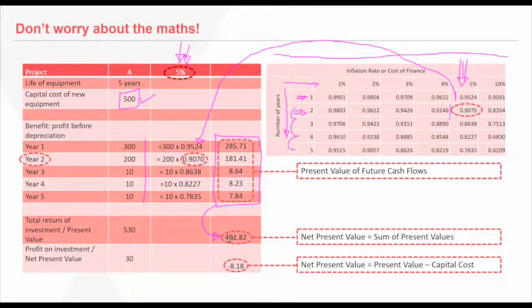So we've done 491.82, the sum of all our present values, and we've subtracted our capital cost, our outflow of £500, and we end up with a negative number.